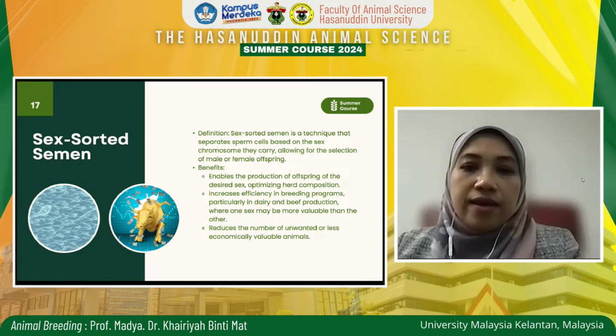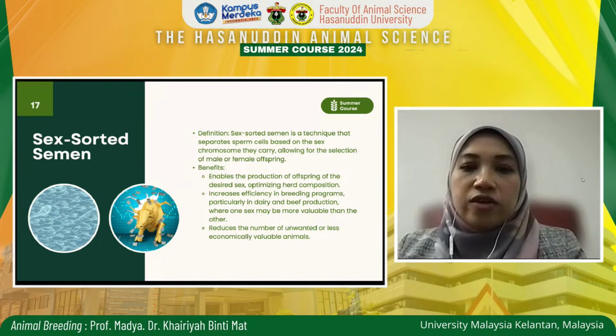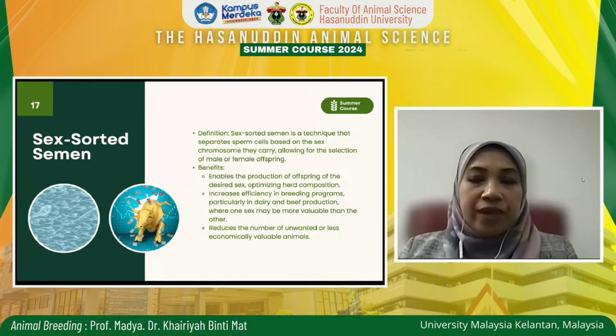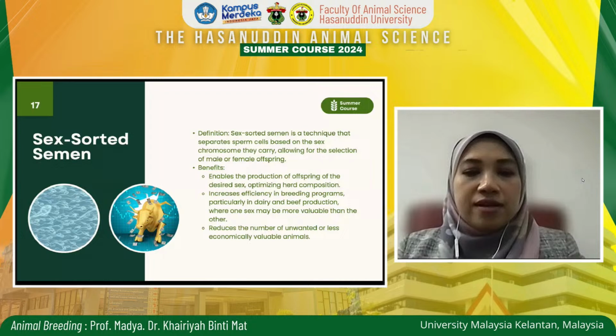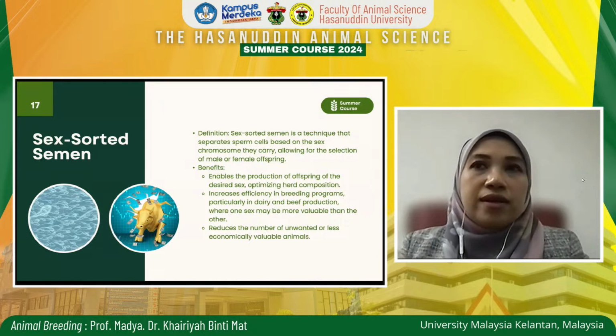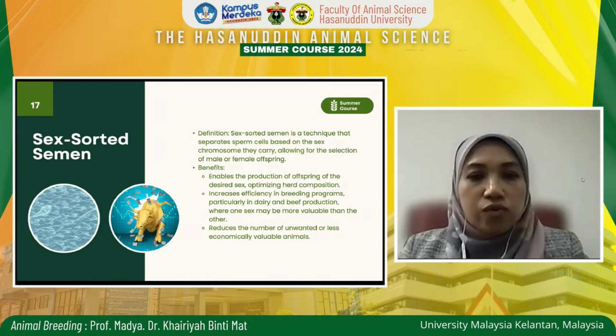And then reduce the number of unwanted or less economically valuable animals. So for example, in dairy farms, previously they used to practice culling the male animal, because they don't require lots of males, right? It will cost the producer lots of money if they want to raise the male animal.